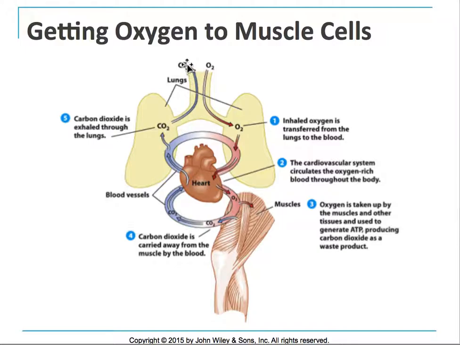You breathe that carbon dioxide out while taking in more oxygen into your lungs, which is then added to the blood, which your heart pumps out into the muscles, and the cycle begins again. So this cycle is taking place all the time, 24 hours a day. You're not even thinking about it, but you're breathing, your muscles are working, your body's burning calories, and this cycle just goes on and on and on.